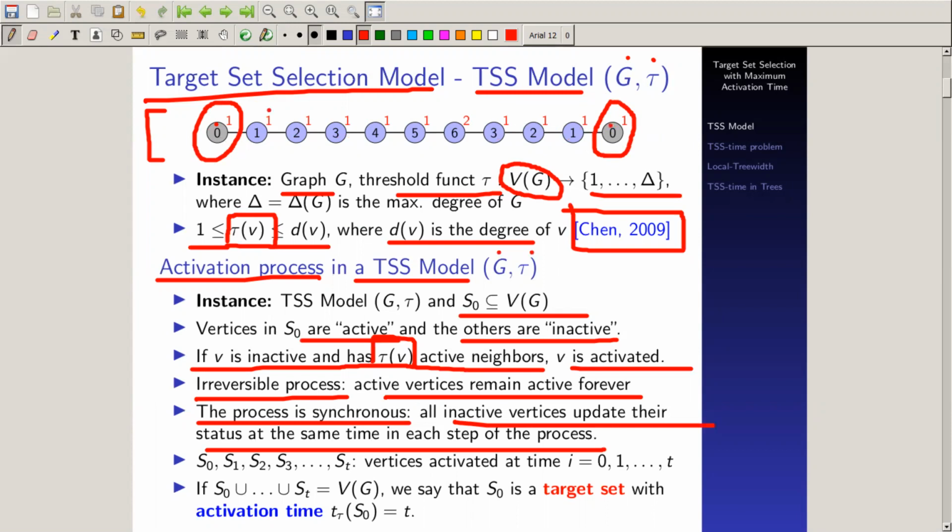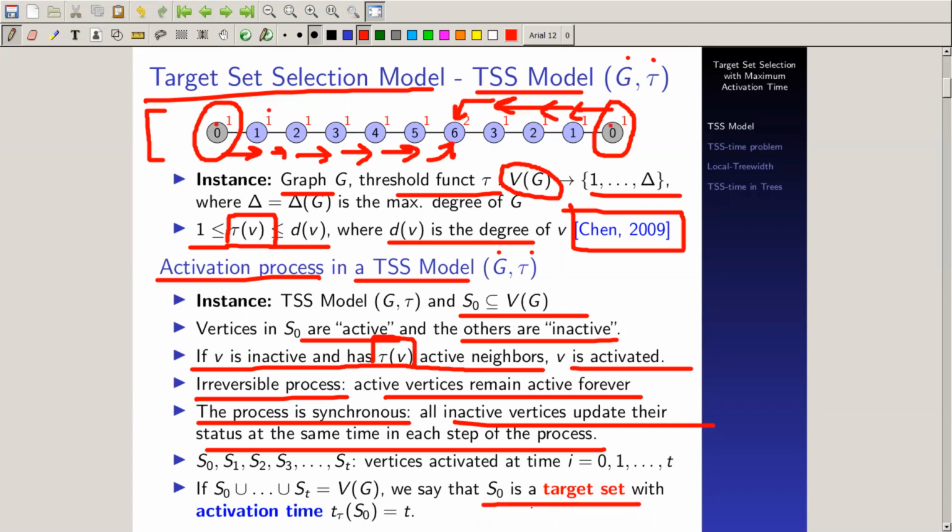This vertex has threshold 1, then is activated at time 1. Also this is activated at time 2, time 3, time 4. This is activated at time 2, this is activated at time 3, but this vertex is not activated at time 4 since the threshold is 2. This vertex is activated at time 5, and then this vertex is activated at time 6.